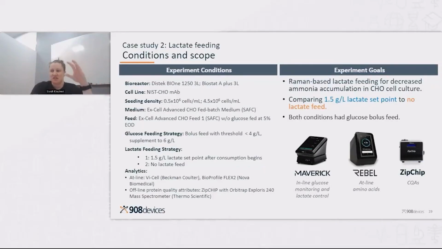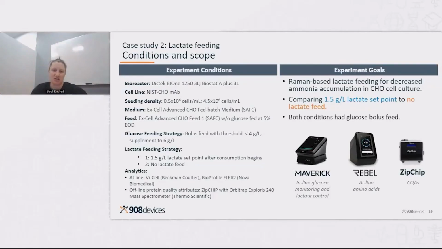But essentially in this study, we used NISCHO to evaluate the impacts of implementing a 1.5 gram per liter lactate set point feed after lactate consumption begins. So essentially, lactate goes through its typical profile in the culture: we start with an accumulation phase, there's usually a point where the lactate metabolism switches to consumption, and then it will usually bottom out.